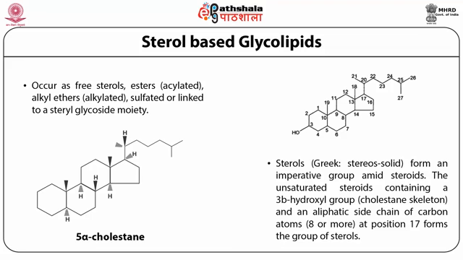Among the sterol-based glycolipids, free sterols or the sterols shape an imperative cluster of steroids. The unsaturated ones involve a 3-beta hydroxyl group, and a carbon atom of an aliphatic side chain at position 17 figures the group of sterols.